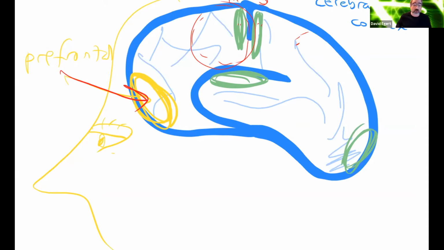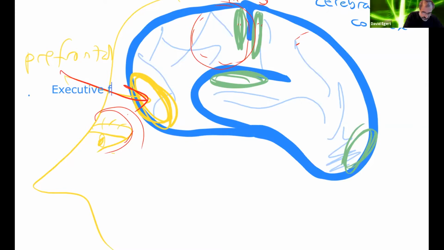Sometimes it's called orbitofrontal because it's up above the orbits, where your eyes are. And the prefrontal areas are doing the kind of fancy, so kind of executive functions.